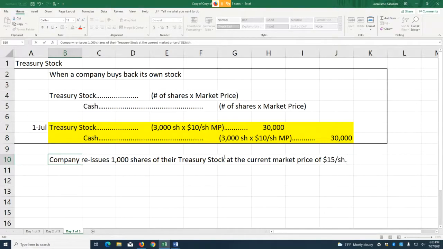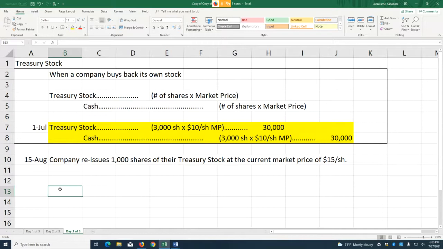So right now, let's say it's August 15th. They've held this thing for like a month and a half. And right now their stock price is at 15 bucks a share. Remember, they took it off the market when the stock price was 10. Now it's 15. Okay, let's put 1,000 shares back into the market.